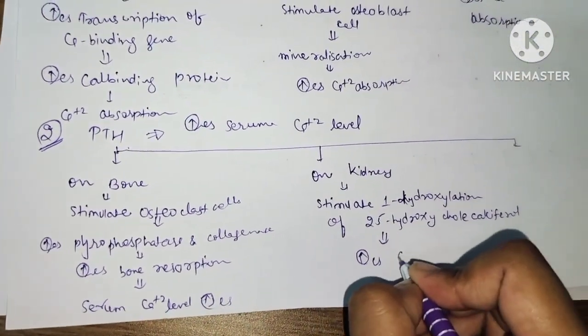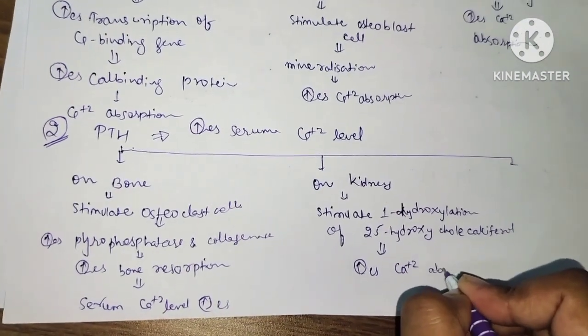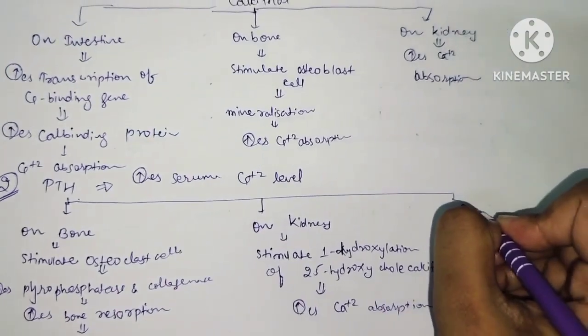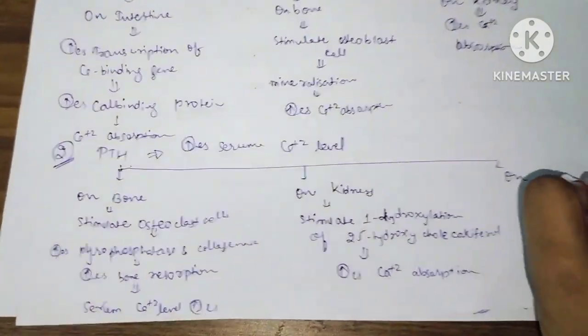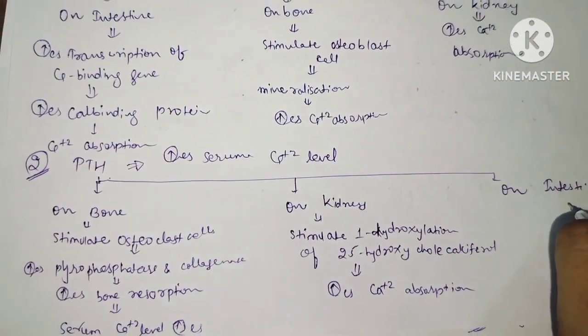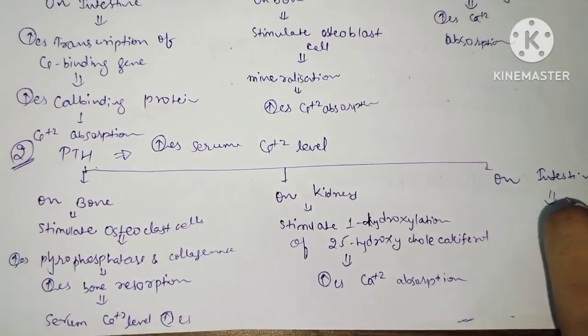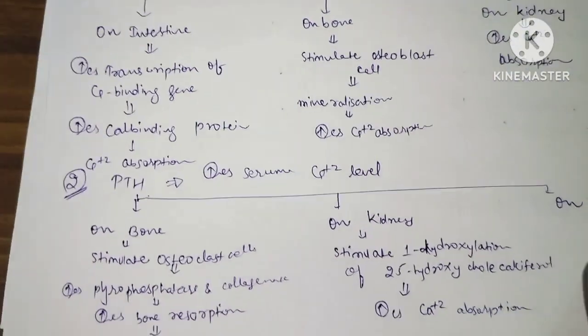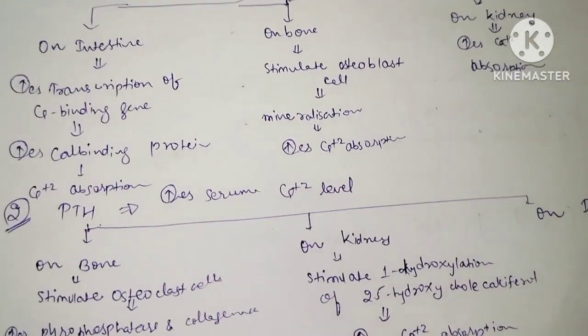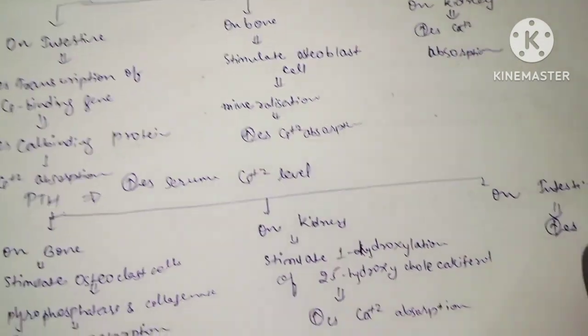So calcium absorption increases and serum calcium level increases. Now, action on the intestine. Its action on the intestine is indirect. It increases the intestinal absorption of calcium by promoting the synthesis of calcitriol.